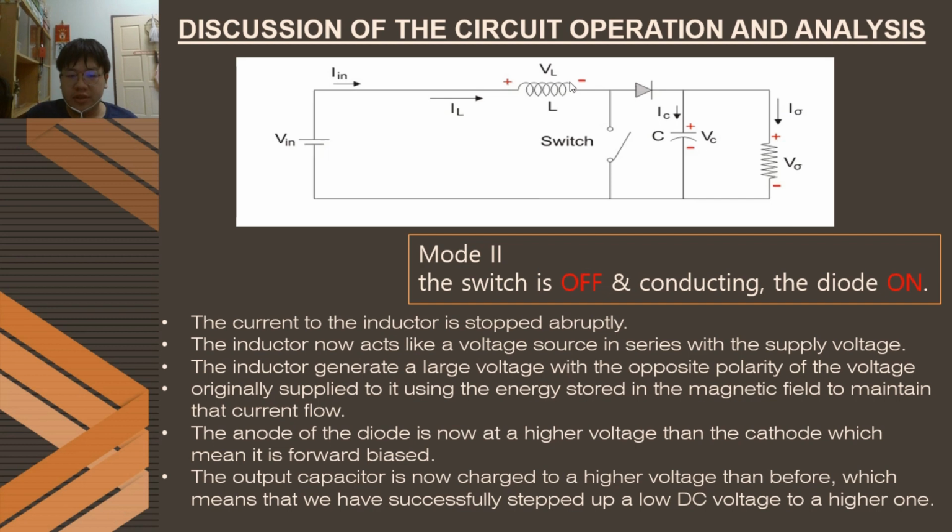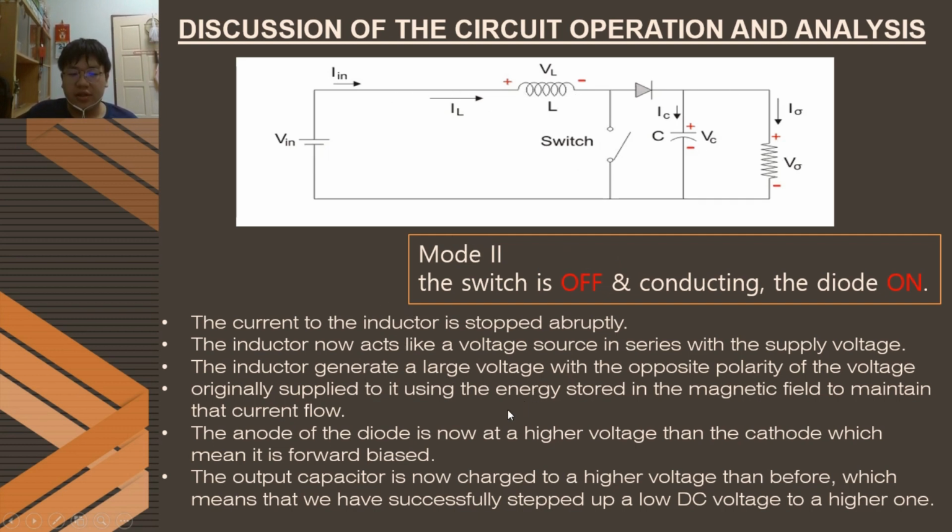The second mode is when the switch is off and the diode is on and conducting. The current to the inductor is stopped abruptly. The inductor now acts like a voltage source in series with the supply voltage. The inductor generates a large voltage with the opposite polarity of the voltage originally supplied to it, using the energy stored in the magnetic field to maintain the current flow.